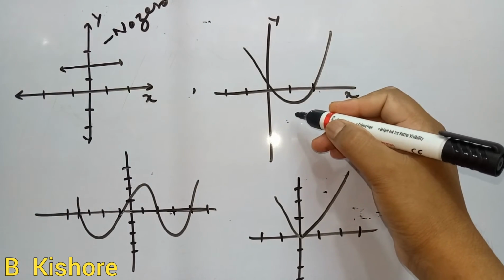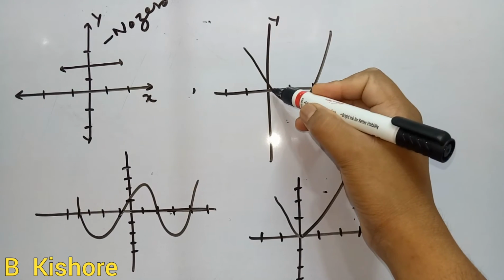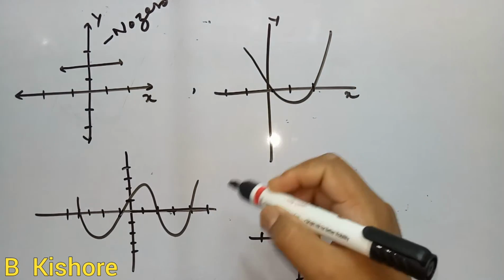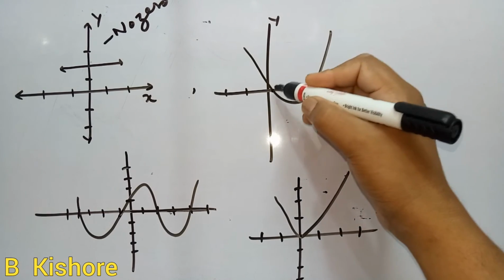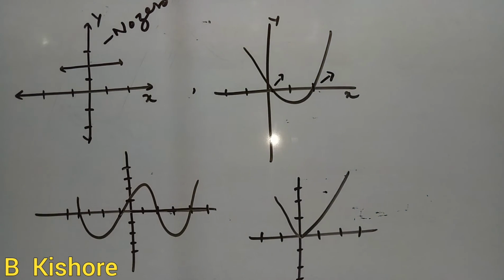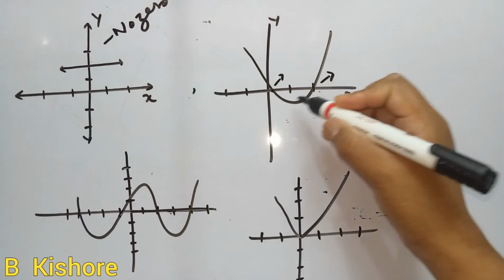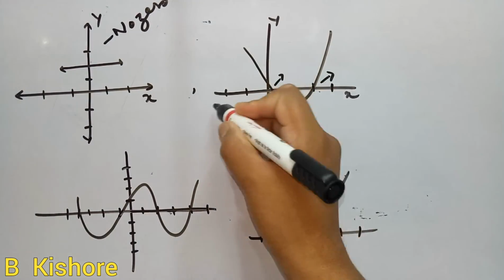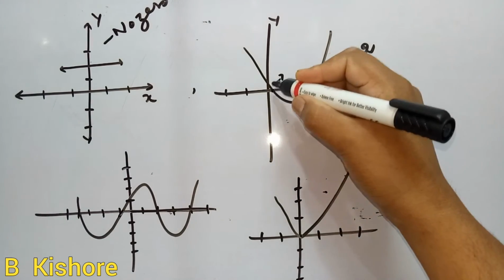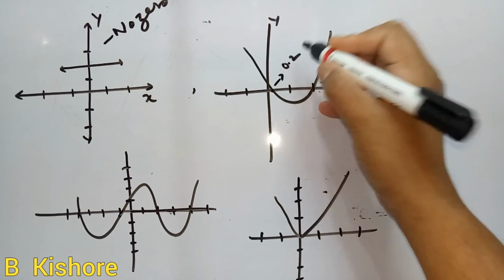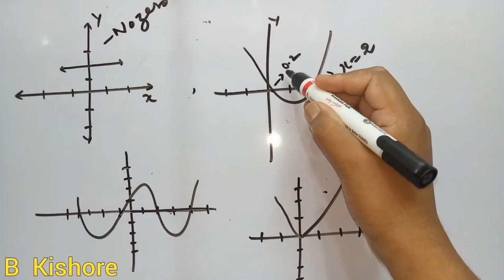Now this graph touches the x-axis at 2 points. So this point is the 0 of the polynomial, and this point is also a 0 of the polynomial. So as per my marking, this is x is equal to 2, and suppose this is 0.2, right? x is equal to 0.2.